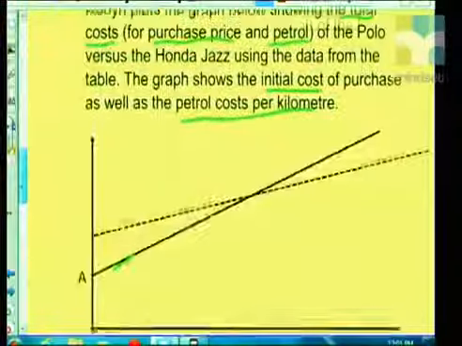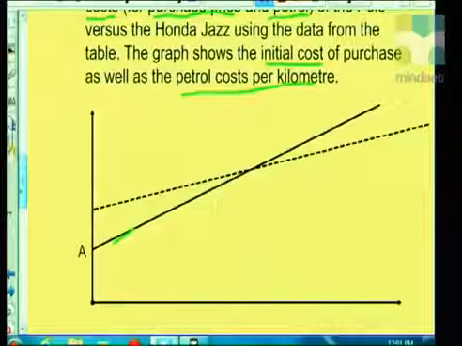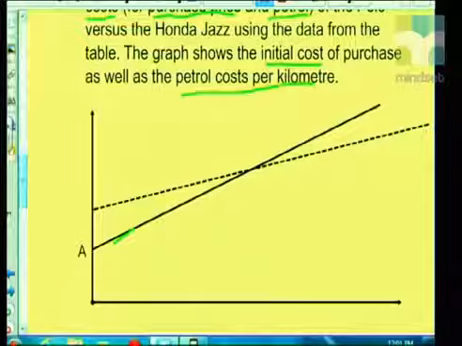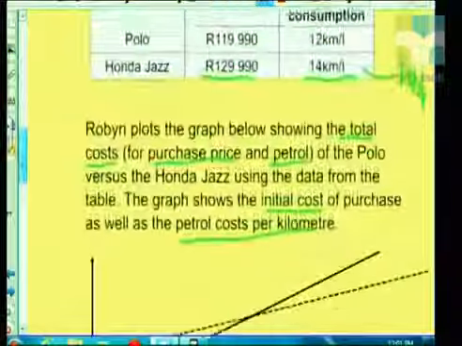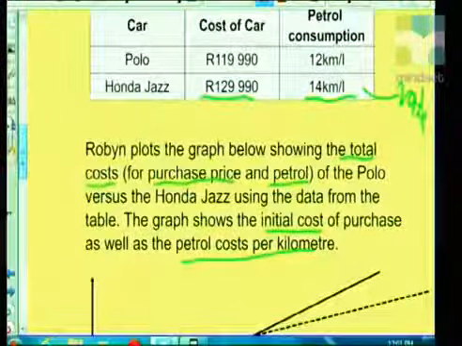So have a look at it again. You recognize there's a solid line and there's a dotted line, and you have to identify which one is which. So I reckon that the easiest way to do this is to say to myself, let's get some detail about what's on the graph and what isn't. We know that it's starting at an initial cost, and we know that it's doing something about kilometers.